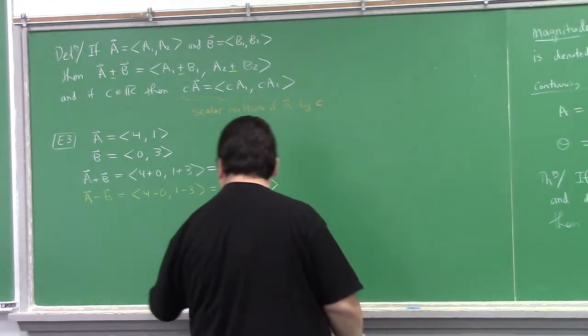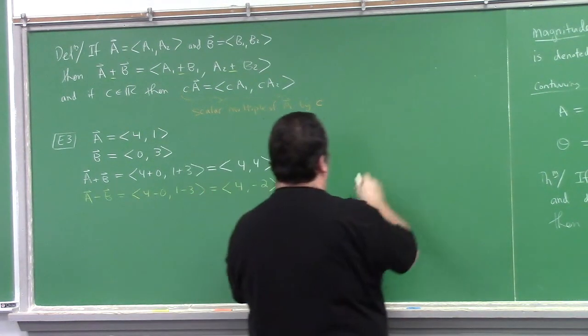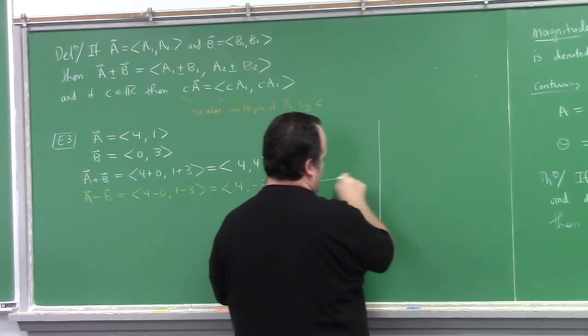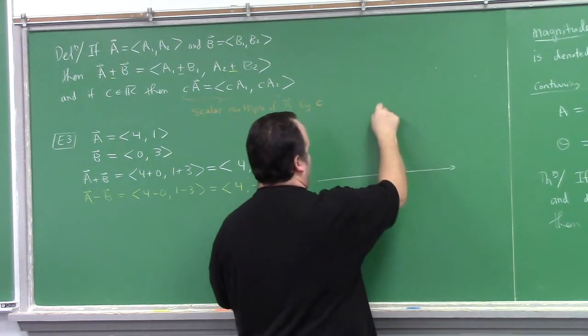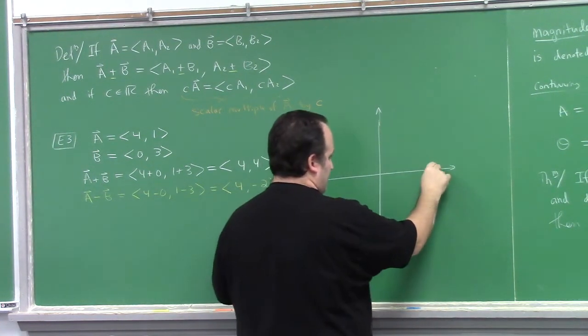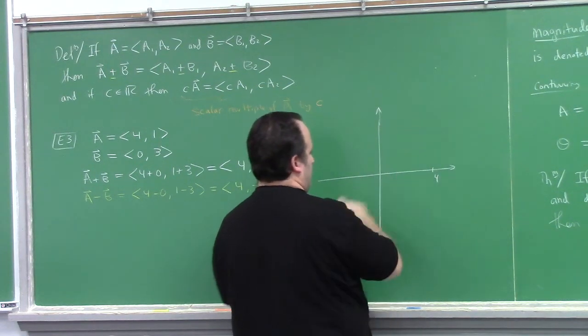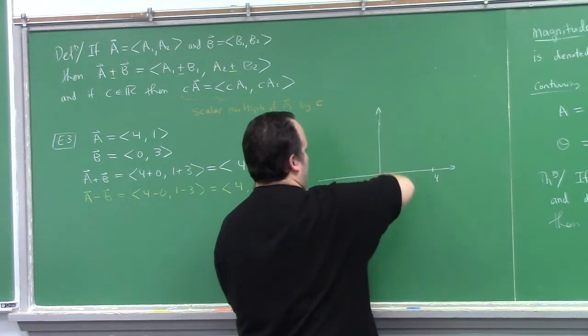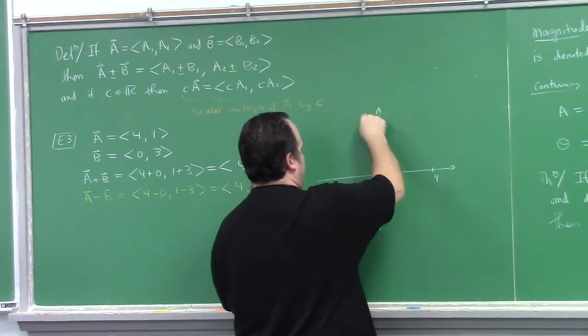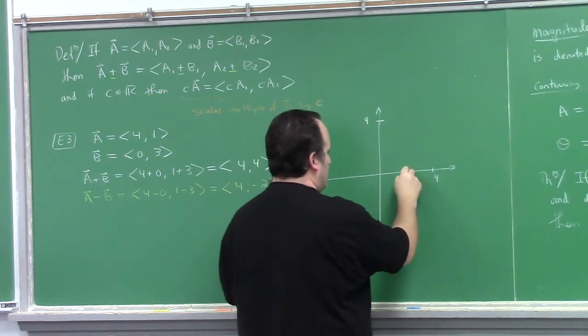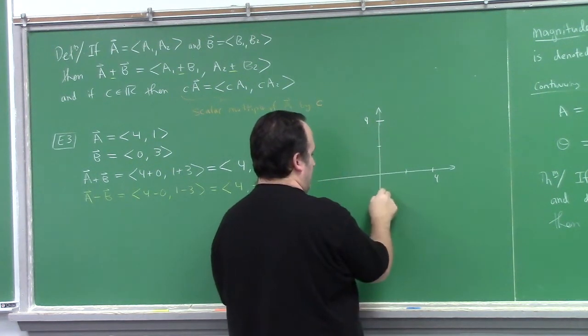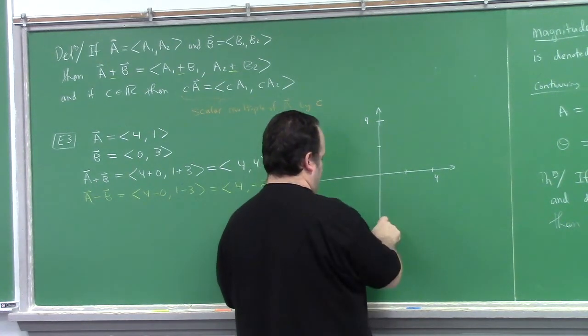I always don't leave myself room for the thing I need to show if I'm not careful. Okay, so suppose that this is 4 units over, and suppose that this is 4 units up, right? So here's 2, here's 2, here's minus 4, there's minus 2.